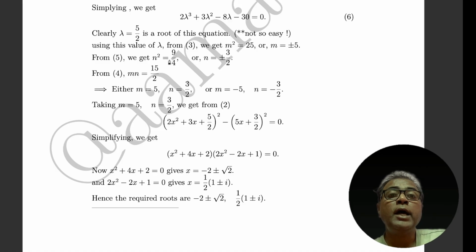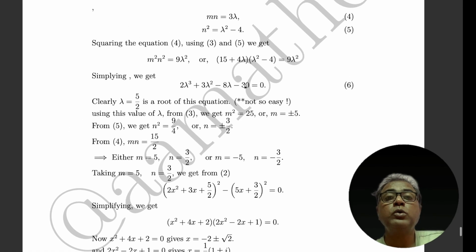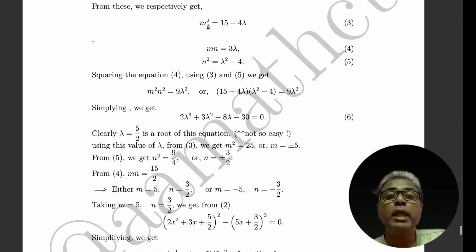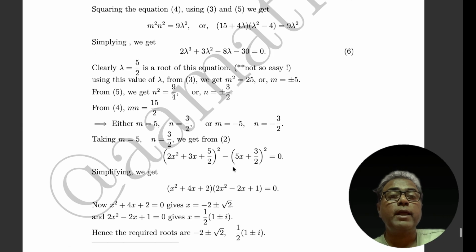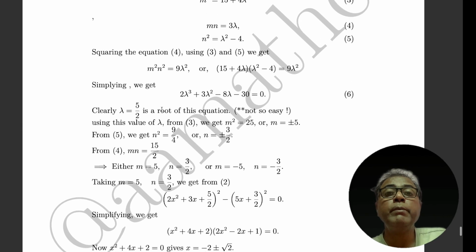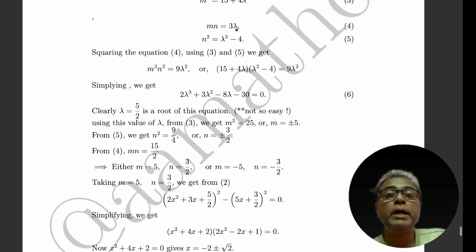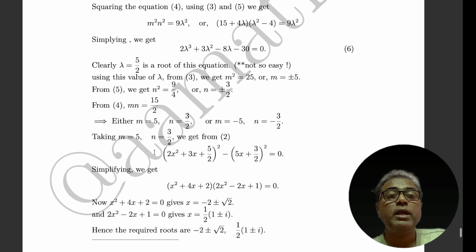Now, choosing this value of lambda, from equation 3, m square equal to this, putting lambda equal to 5 by 2, and from equation 5, n square equal to 9 by 4. So m equal to plus minus 5 and n equal to plus minus 3 by 2. Now mn equal to 3 lambda, that is 15 by 2.